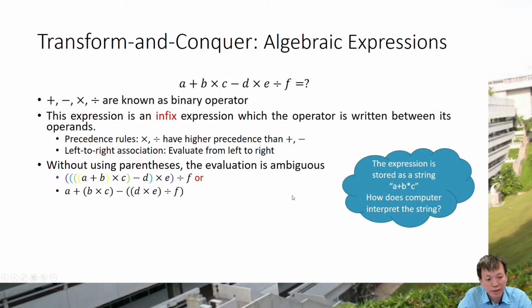If you directly solve this problem, that means you need to keep searching where the multiplication is, where the division is. Then after that, you need to sort out which one should be done first. Even with parentheses, if you read this character followed by this character, does it mean you need to do the calculation first?